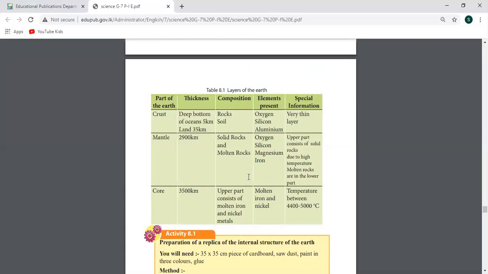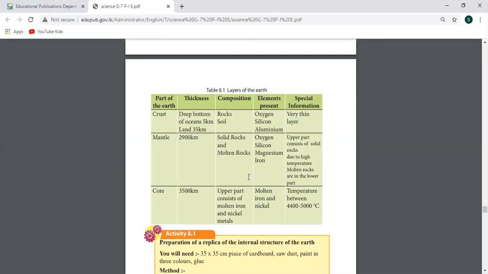And when we talk about the core, the core is 3,500 kilometers away from the crust, and the upper part consists of molten iron and nickel metals. Those are the elements.